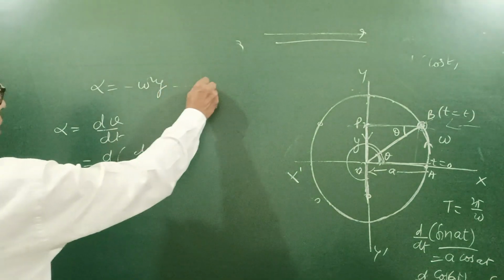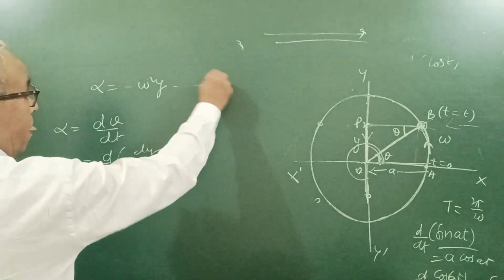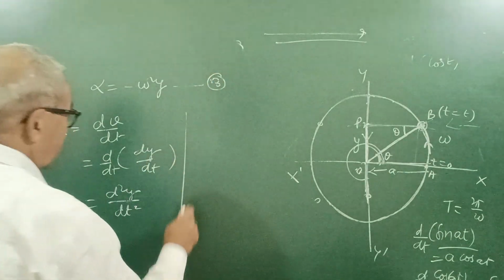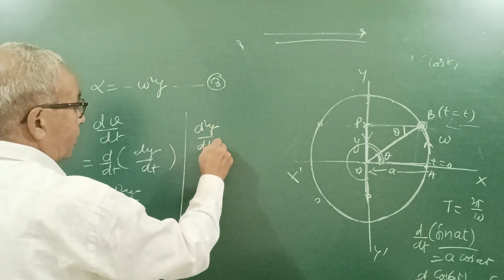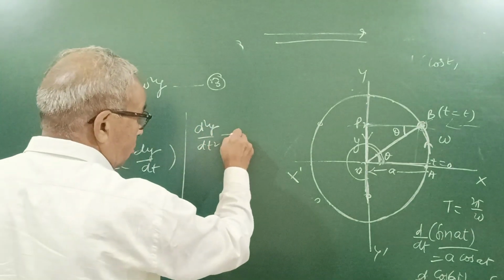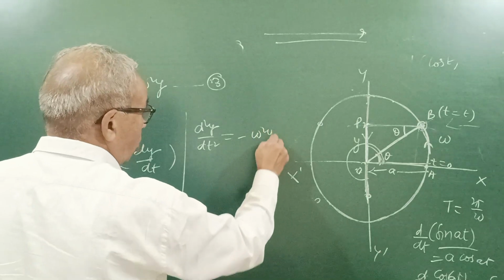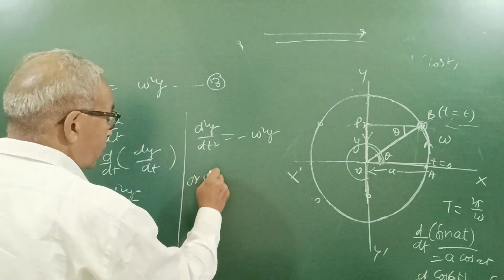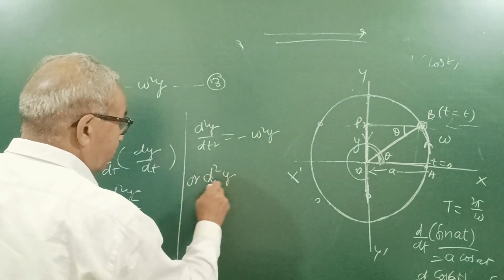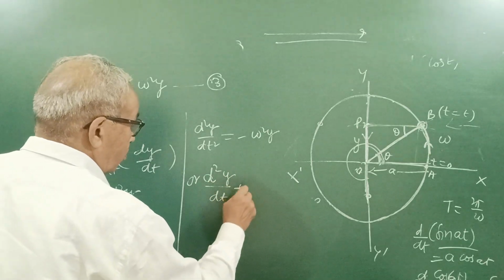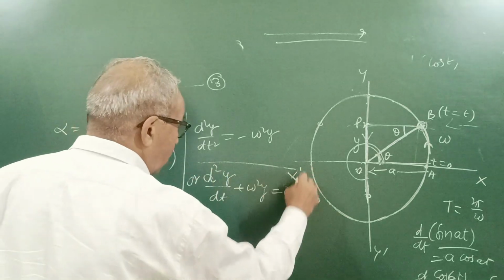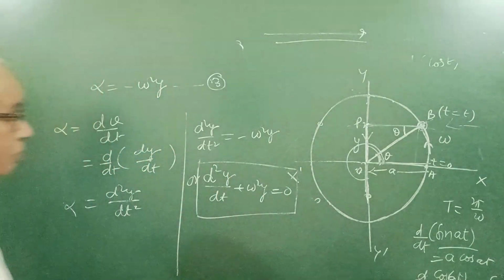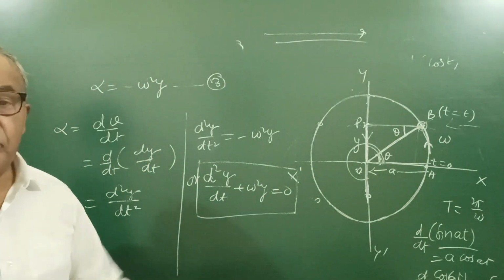So this equation, especially equation 3, can also be written as d2y over dt square equal to minus omega square y, or in standard form we write plus omega square y. In class 12 you will get it directly written. This is the equation of SHM.